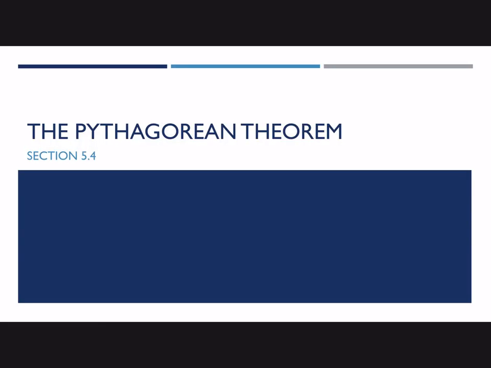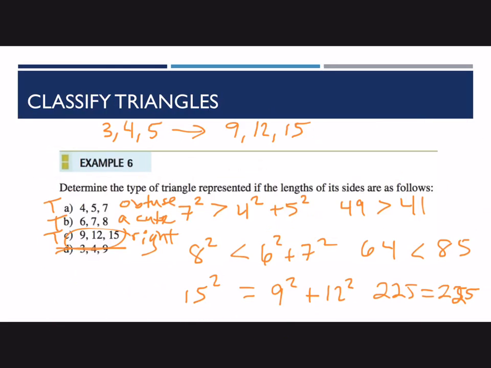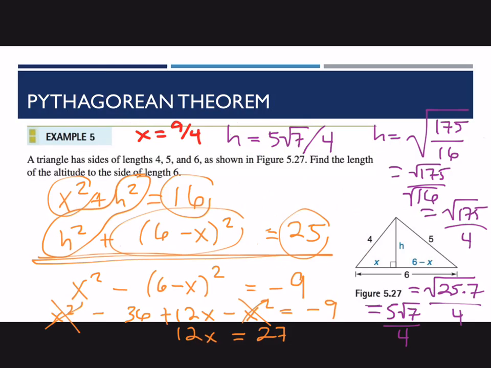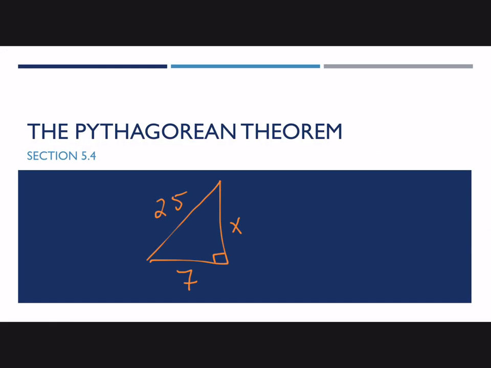There are some simpler examples with using the Pythagorean theorem, so for instance, if you know that there's a right triangle and you know that one side is 7 and one is 25, and you need the third side, okay, using Pythagorean theorem to solve for that. And then I did one of the more complicated examples, which was using it to find the altitude of a triangle.